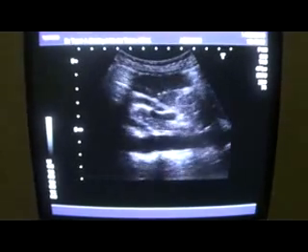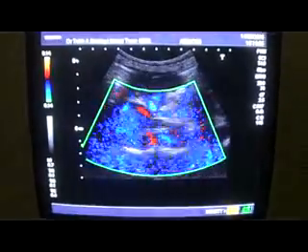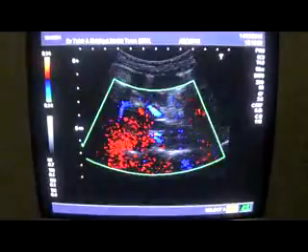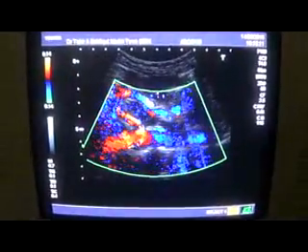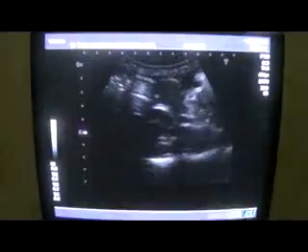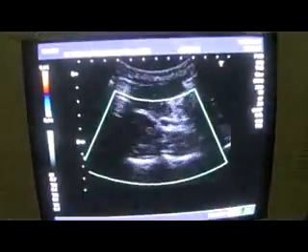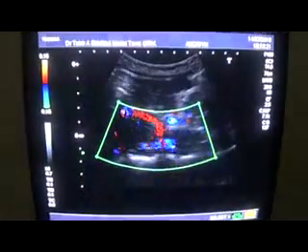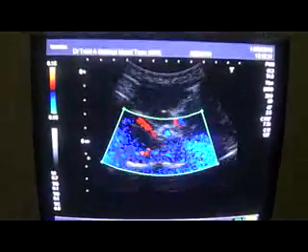And this is the aorta. Too much aliasing is seen because of the angle.